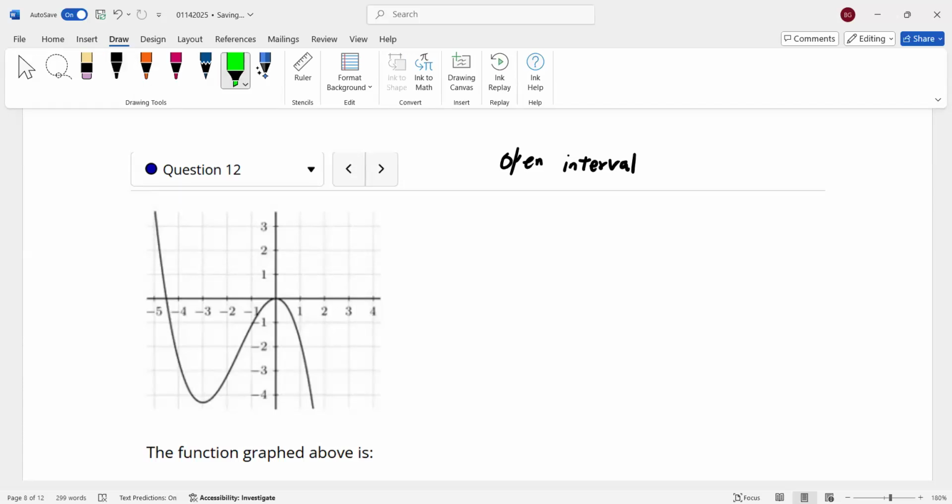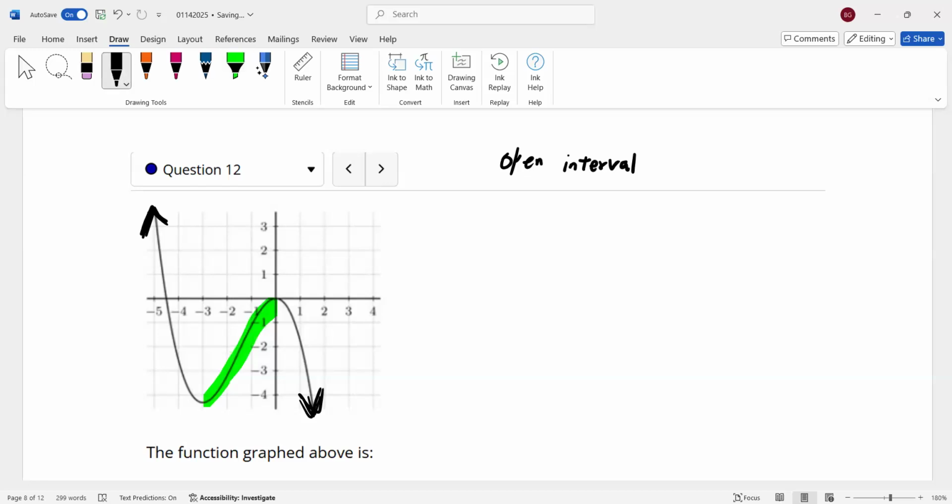Okay, let's see this part. The function goes down, and technically they should have an arrowhead to indicate it continues forever, and this one continues forever as well. As you can see, this part is increasing, right?